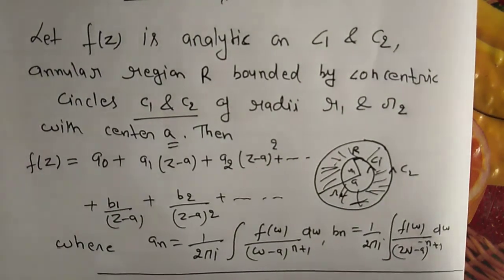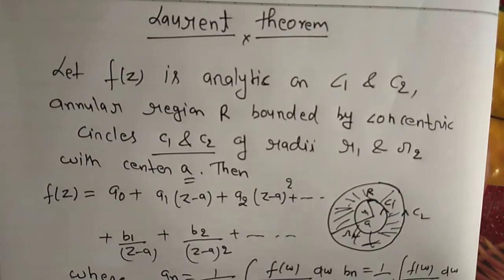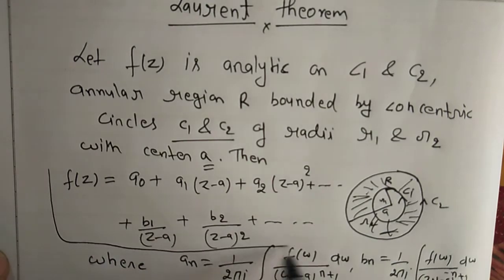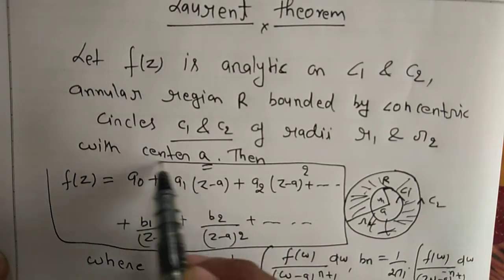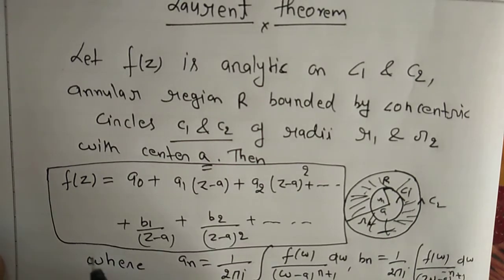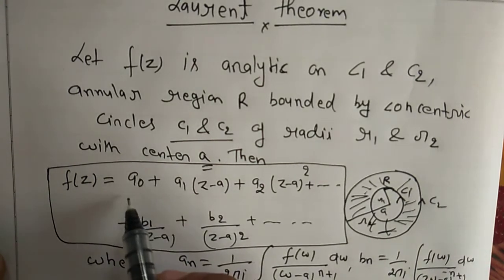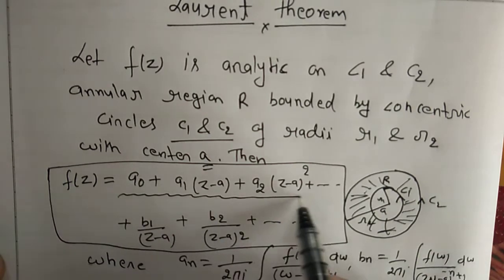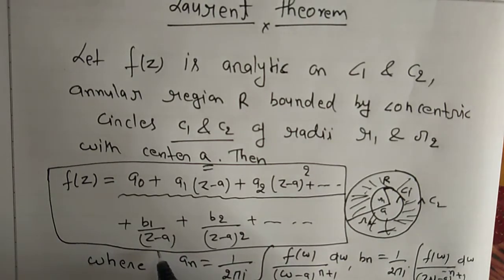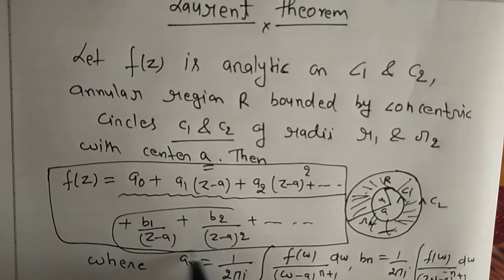So this theorem is called Laurent's theorem, and this series is called the Laurent series, and this series has two parts. If you see, the first part is called the analytic part, and the second part, where we have 1 upon (z minus a), 1 upon (z minus a) whole square, is called the principal part.